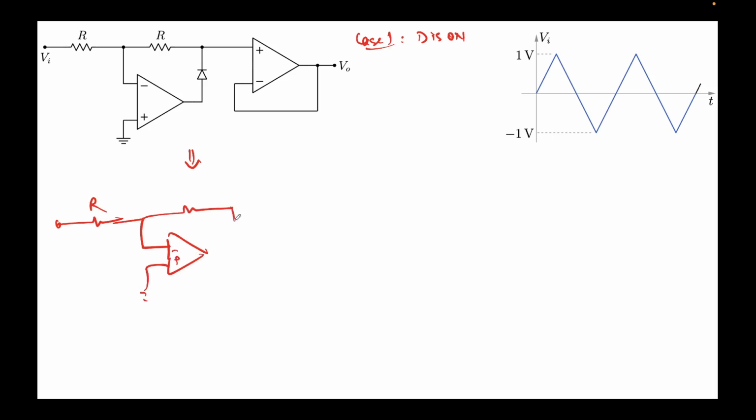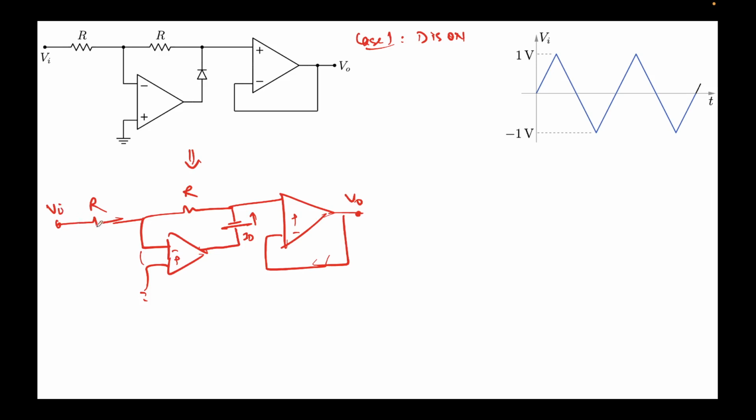If the diode is on, it looks something like this, right? And then this is the second diode that we have, and this is like this. This is also R. So if the diode is on, this means there's some current flowing over here in this direction, I_D, what I call. This is a virtual short, so this voltage will also be grounded, and this is Vi, right?